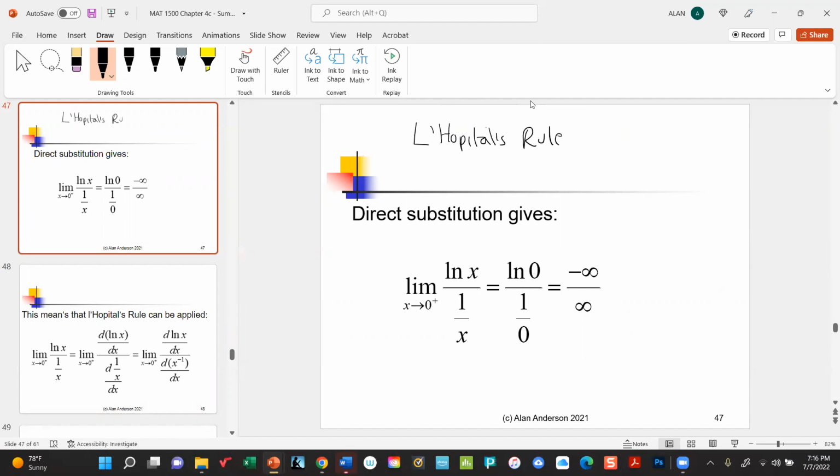Even though it says in the book 0 over 0 or infinity over infinity, I think they forgot to mention that you're also allowed to use L'Hopital's rule when you have negative infinity over infinity, or possibly infinity over negative infinity. So the fact that there's a negative there means we're good. We can use L'Hopital's rule.